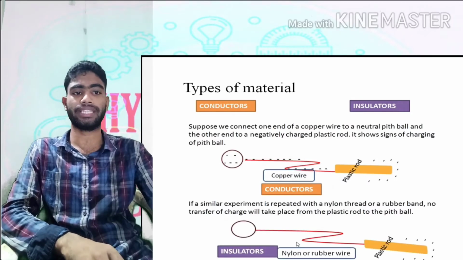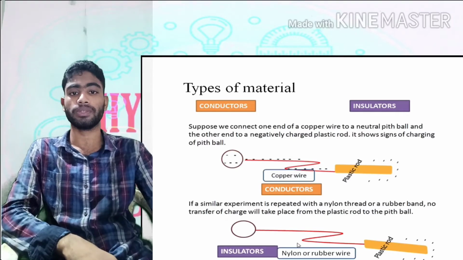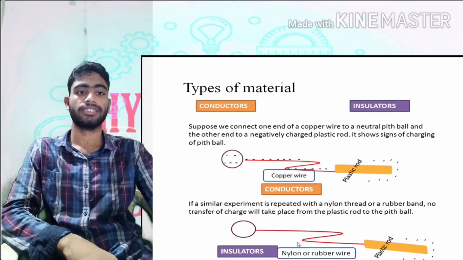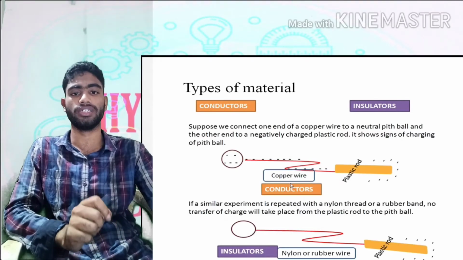But if we do the same thing and connect the pith ball and the plastic rod with a nylon or rubber wire, then we find that no transfer of charge occurs.